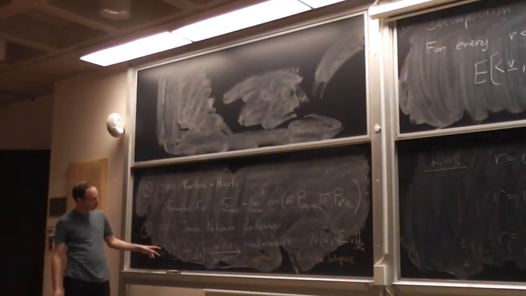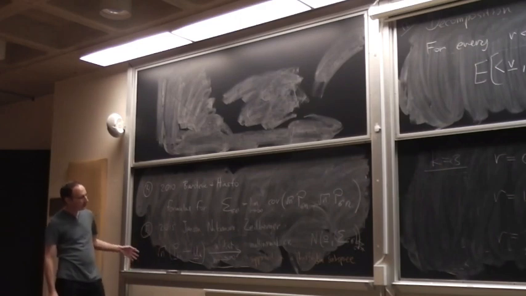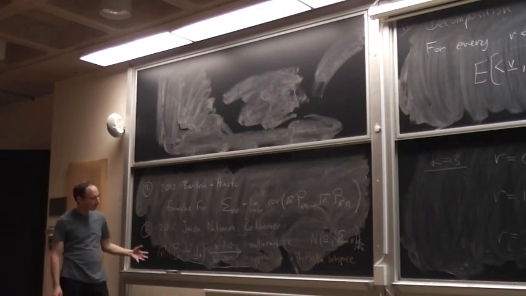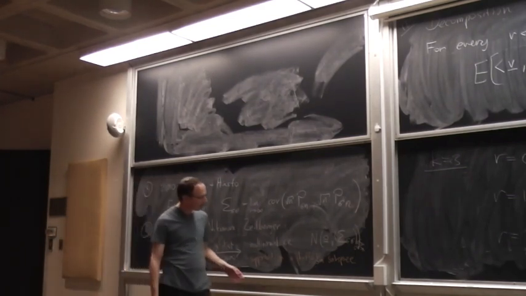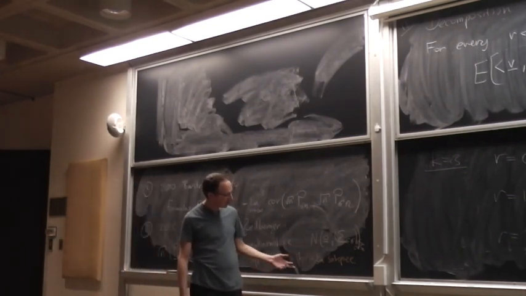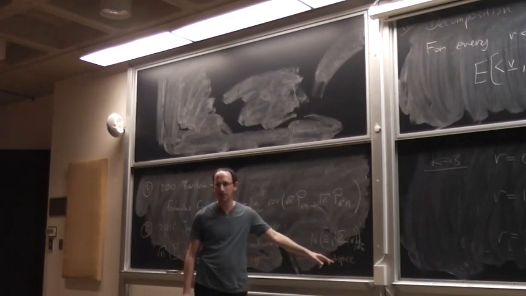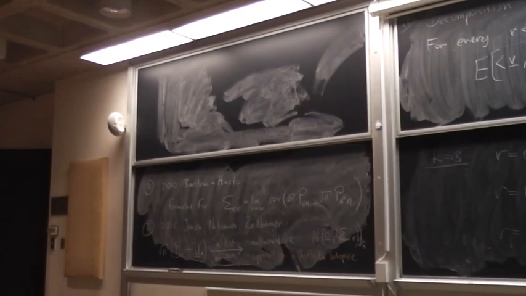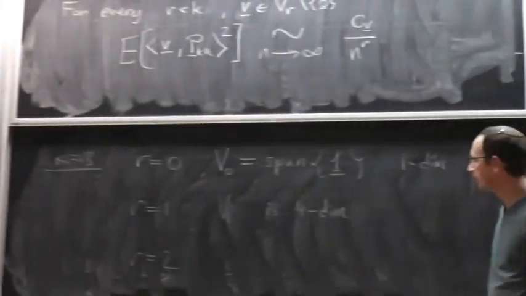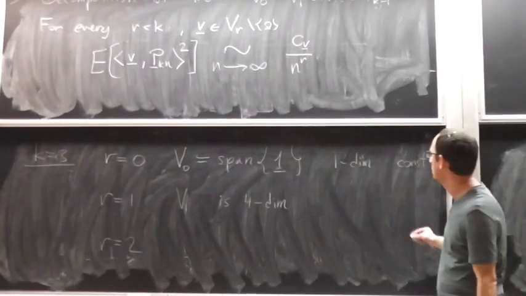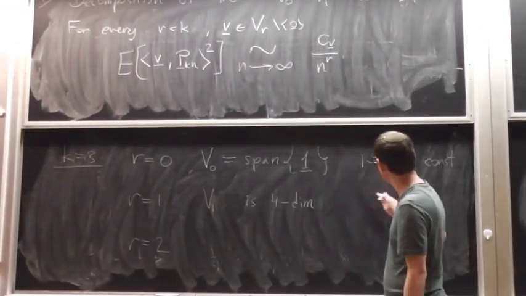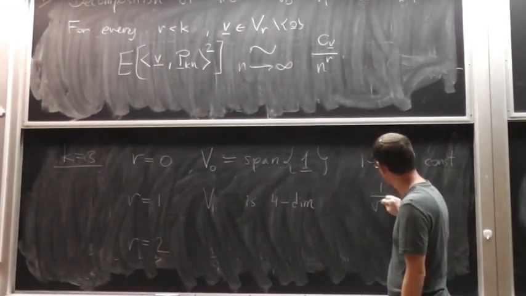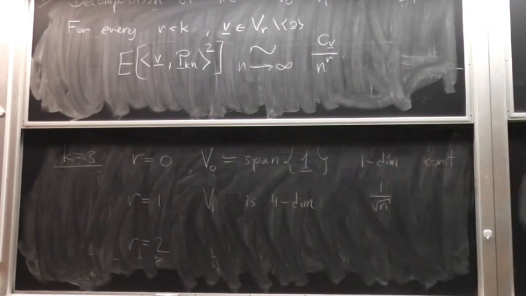So here we know that if we multiply by the square root of n, in this order of magnitude we have something that is supported on a (k minus 1) squared, in our case, a 4-dimensional subspace. So we'll have something 4-dimensional, and the limit distribution is a 4-dimensional normal. And in this space, indeed, the order of magnitude of the profile is 1 over square root of n.